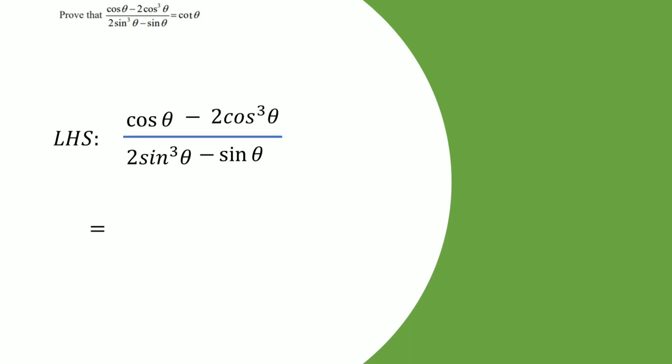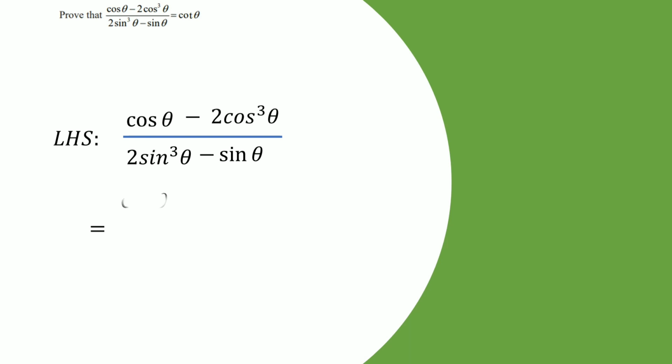Then let us solve this problem. Cos theta minus 2 cos cube theta over 2 sin cube theta minus sin theta is equal to cot theta. LHS is this one. You have to begin from LHS, since LHS is very complex here.